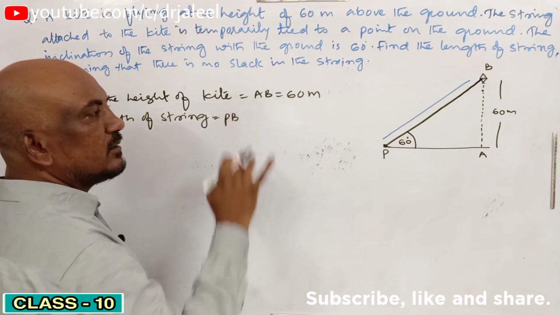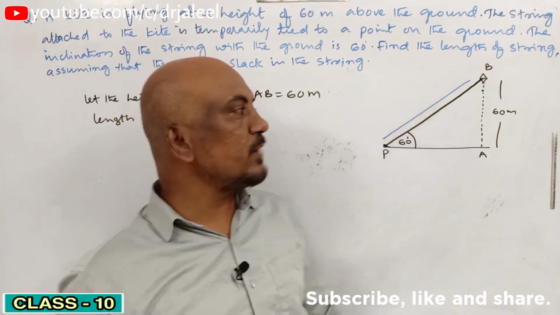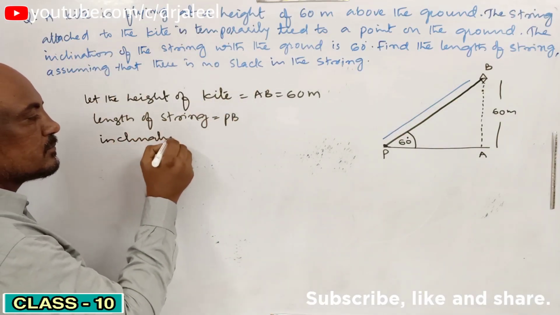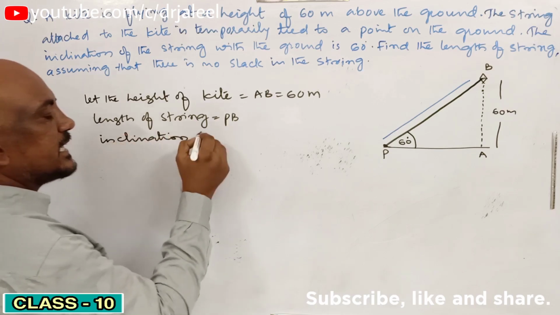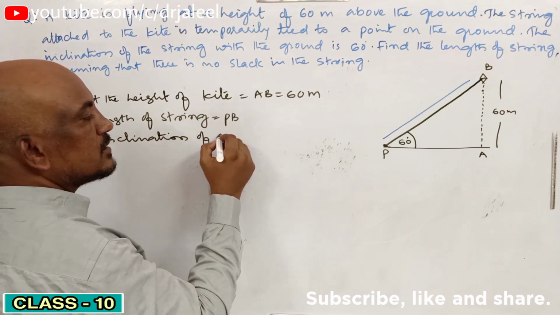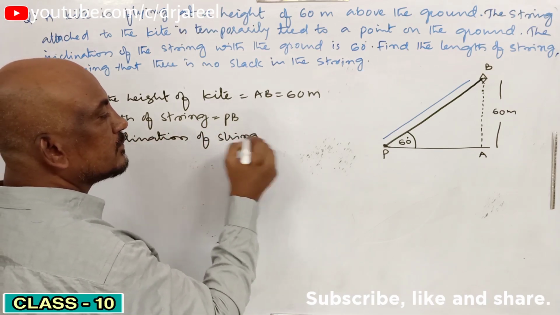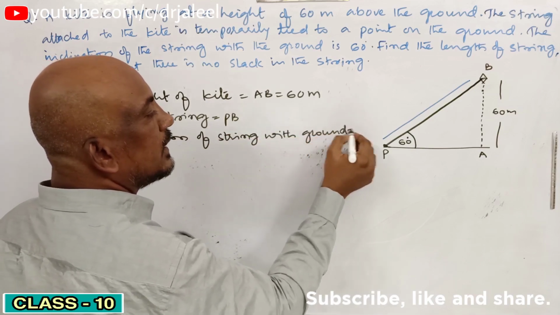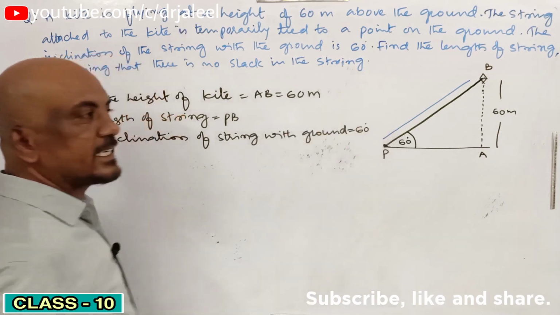Did he give anything? No, we need to find. And what next? Inclination of string with ground is given to be 60 degrees.